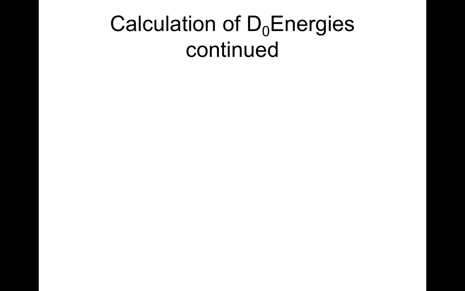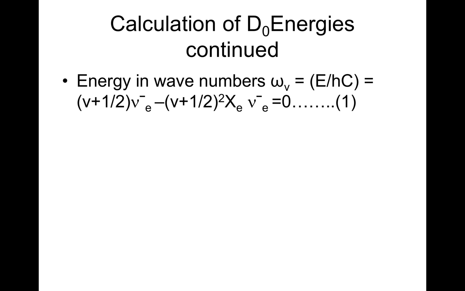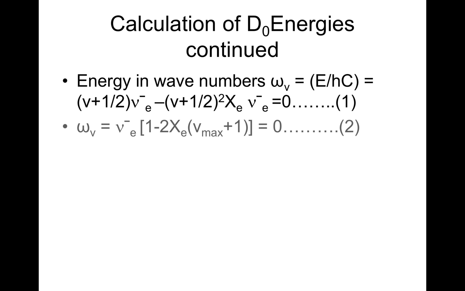Okay, calculation of D naught energy is continued. Energy in wave numbers, omega V, is equal to E over hc, which is equal to (V plus a half) nu bar E minus (V plus a half) squared XE nu bar E. And this should be equal to 0, meaning that omega V is equal to nu bar E times (1 minus 2 XE times (Vmax plus 1)), and that should be equal to 0.